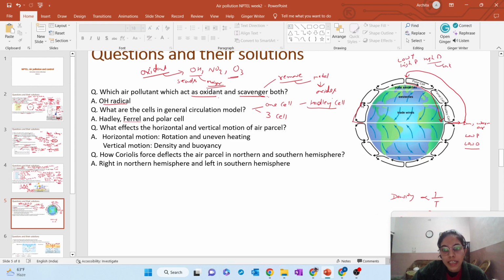As it reaches 30, it starts to sink. When it starts to sink, it can move in two ways: it can either come back towards the equator or it can go towards the pole.